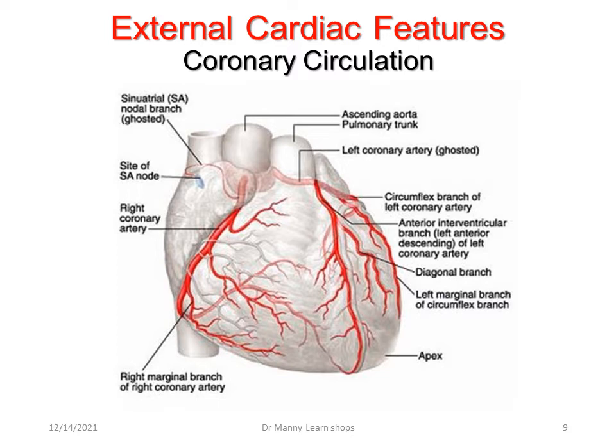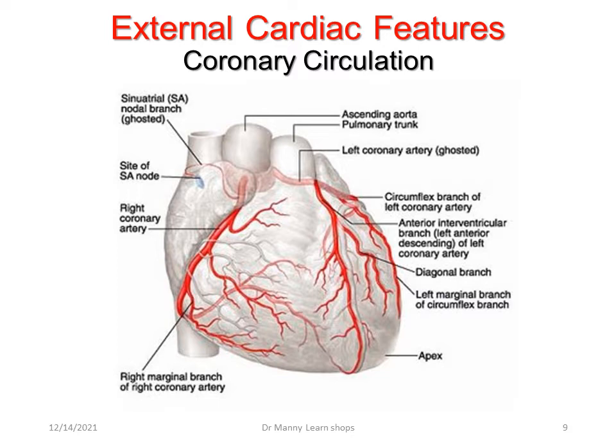Then you have the left coronary artery. The left coronary artery consists of primarily the left anterior descending and the circumflex branch, which goes around behind the heart, supplying the left ventricle and the right ventricle.